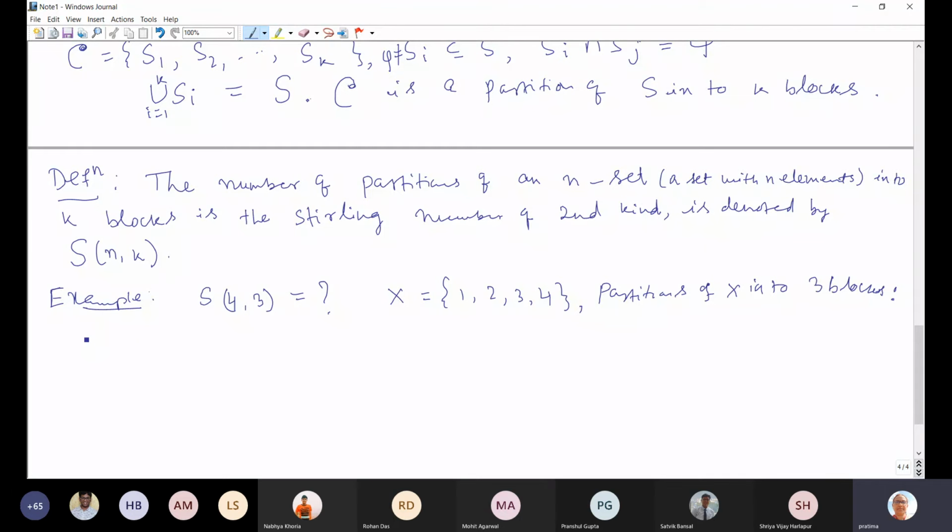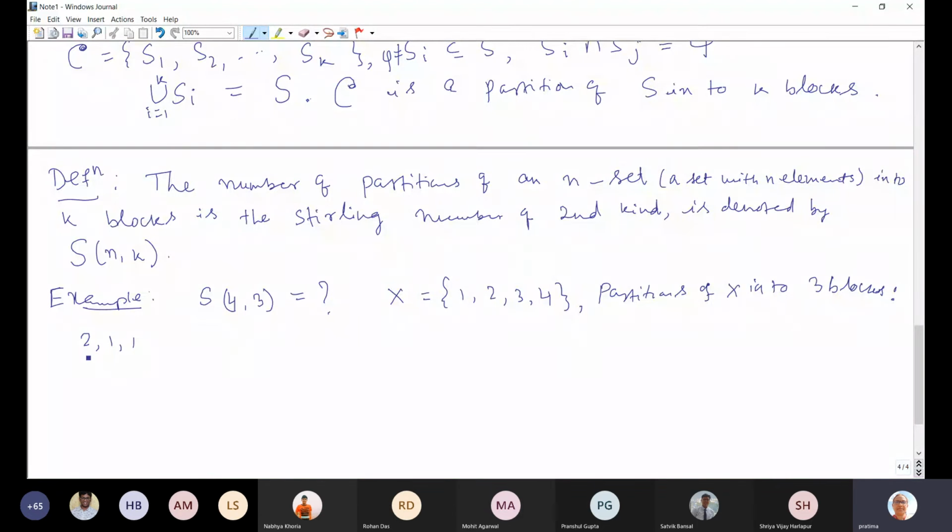There are 4 elements, so you could do it as 2, 1, 1. This is the only way, right, if you want to break into 3 parts. In one part you will have 2 elements.